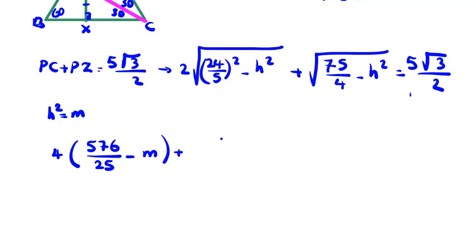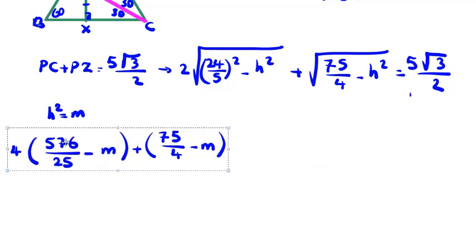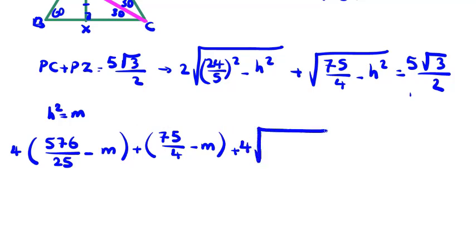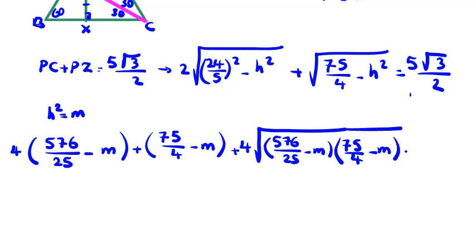First one squared plus second one squared equals 75 over 4 minus m. Let me move it to the left. Plus 2 times this, which will be 4 square root of 576 over 25 minus m times 75 over 4 minus m, equals the square of this, 25 times 3 is 75 over 4. Now I want to simplify this.